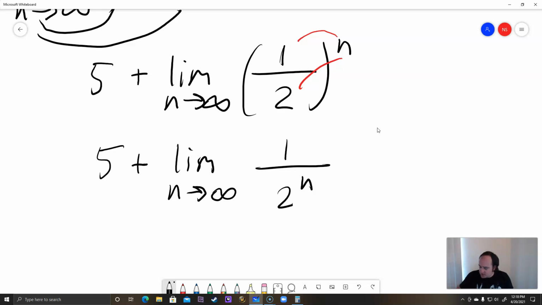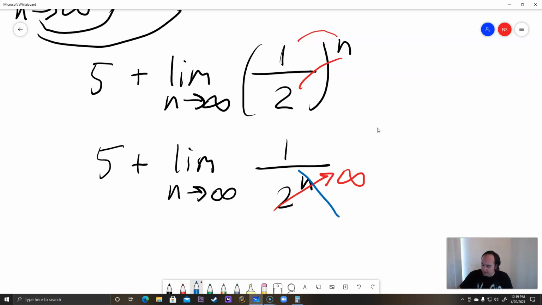And as n goes to infinity, 2 to the n goes to infinity. But 1 over infinity, if you will, is 0. If you have a finite number over an infinity, that's going to go to 0.